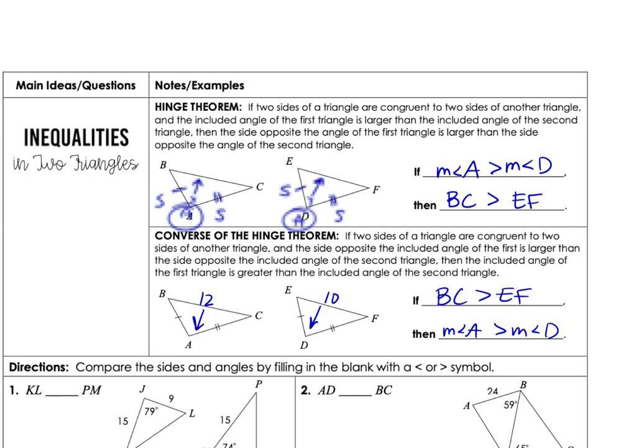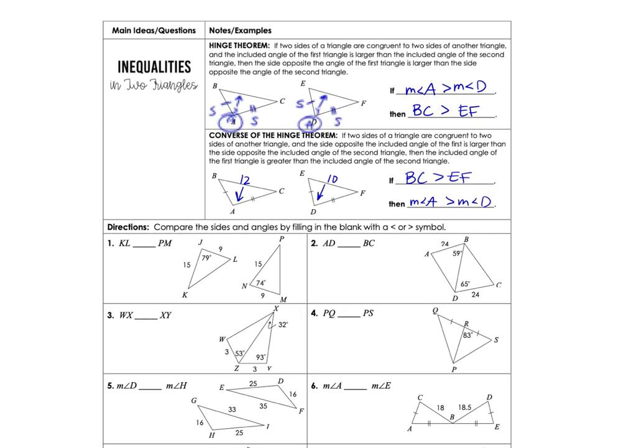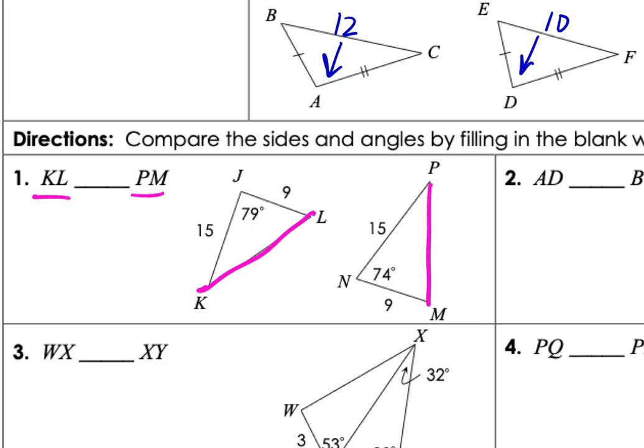Okay? Okay, so take a look at this. Number one here, it says compare KL, that's this guy, to PM. That's this guy. So look at what you have. You have a side that corresponds to a side that corresponds to a side. What are the included angles in those two triangles? 79 and the 74.